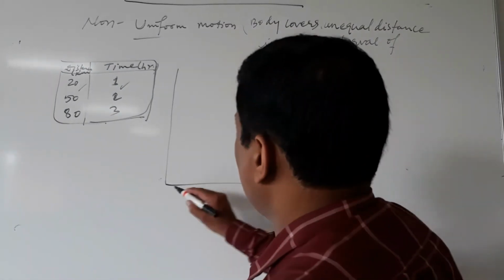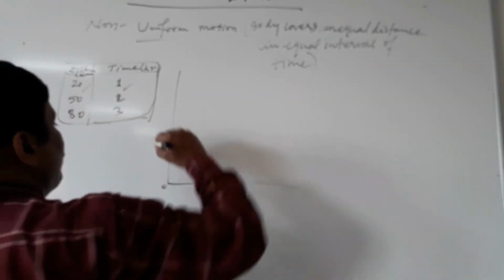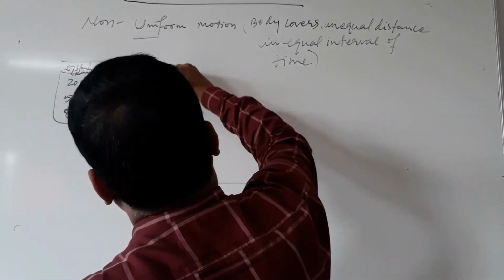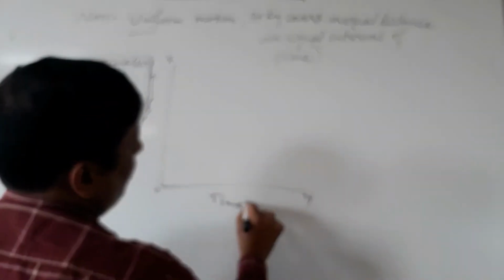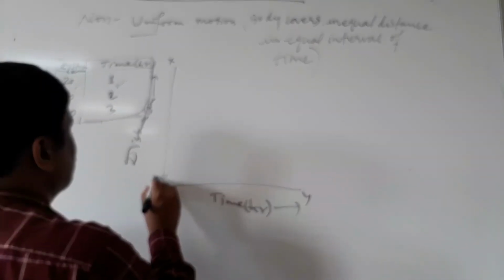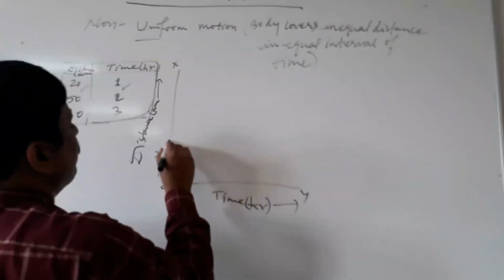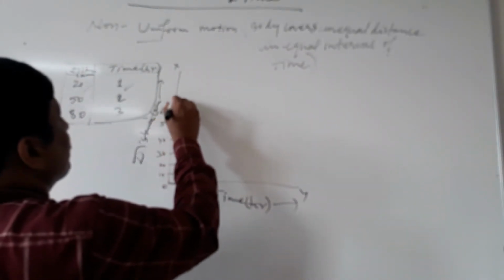You just see in this graph, here one side distance in kilometer, in y-axis, and time in hour. Just mention here, mark it. If here is 10, 20, 30, 40, 50, 60, 70, 80.